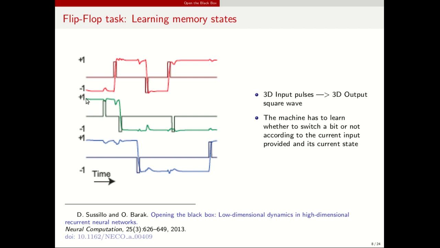Moreover, if the component of the output is already positive and we get a positive pulse, the network must learn not to move, as you can see here, until we get a negative pulse, and so the second component of the output must switch down to -1. And here, as you can see, we get another negative pulse, but we already are at the -1 value, so the output must remain still.